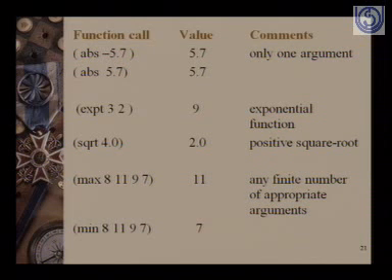This whole process is represented by this expression in which there are two parentheses containing max 8, 11, 9 and 7. The final answer 11 is not just the meaning associated with the expression, rather this whole process.